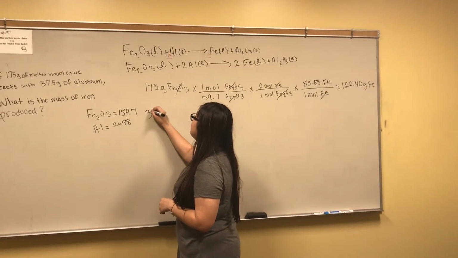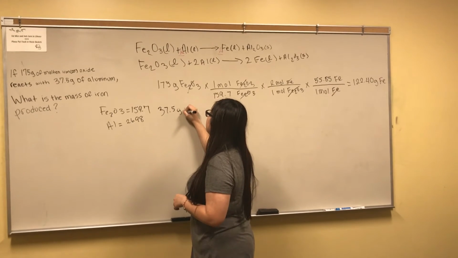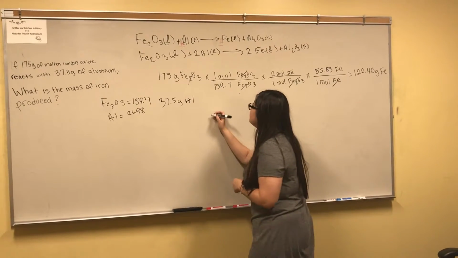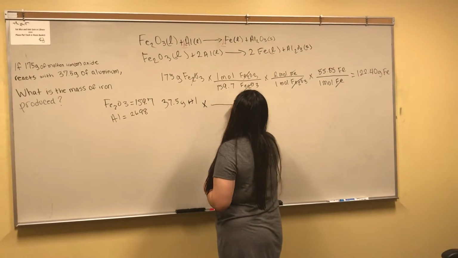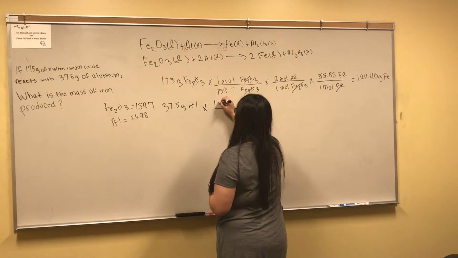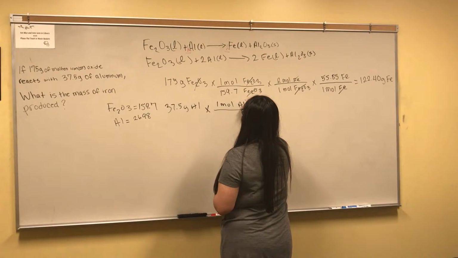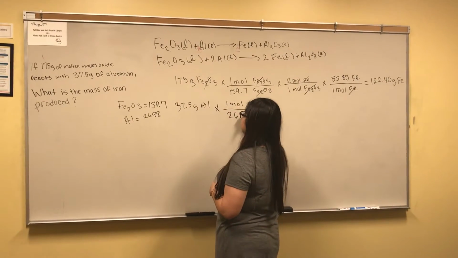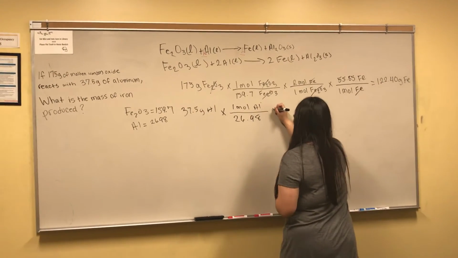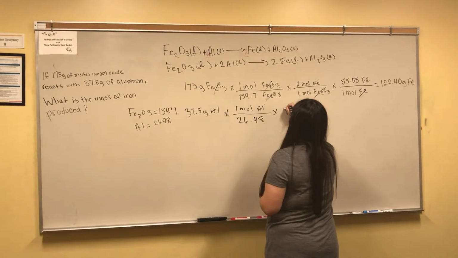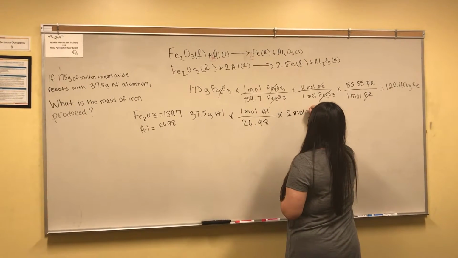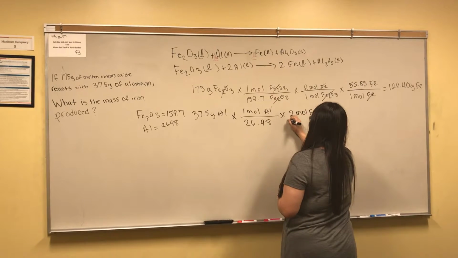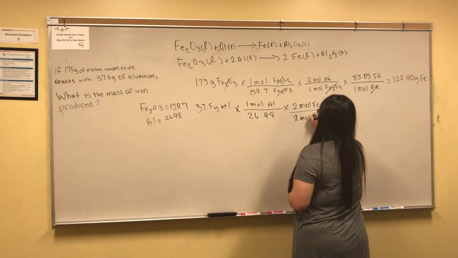So we have 37.5 grams of Al, as it gave us. Then you multiply that by 1 mole of Al over its weight, which is 26.98, times 2 moles of Fe over 2 moles of Al.